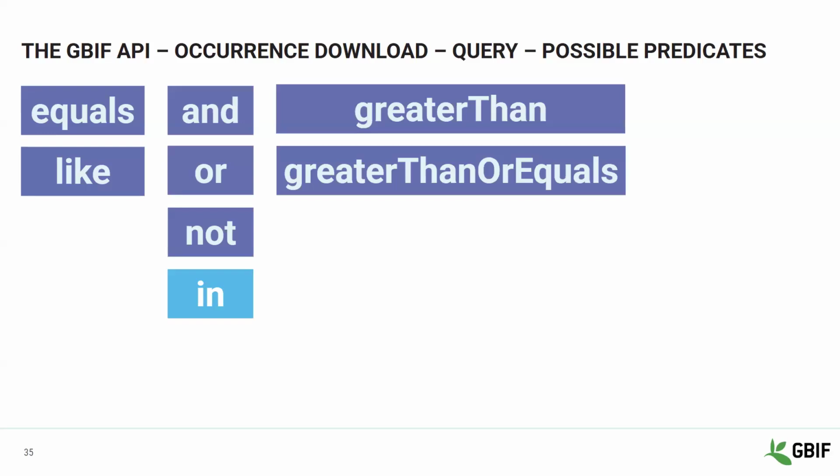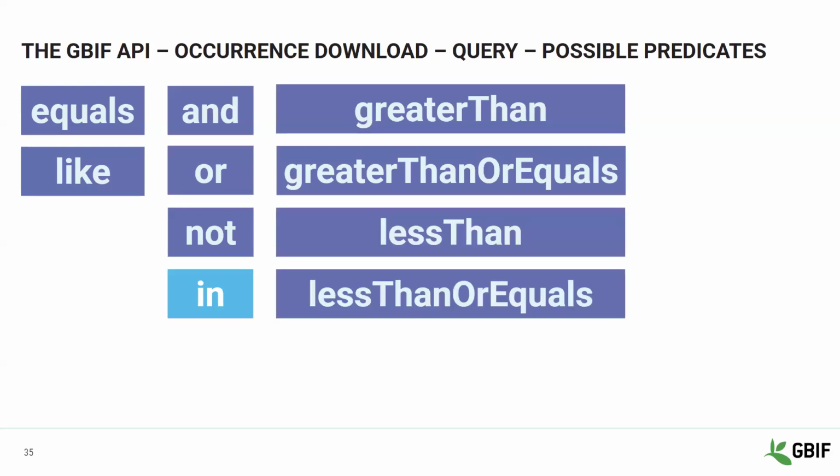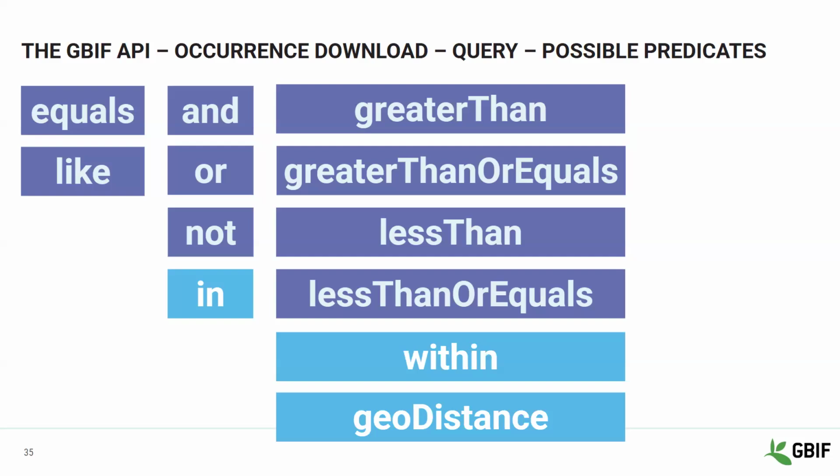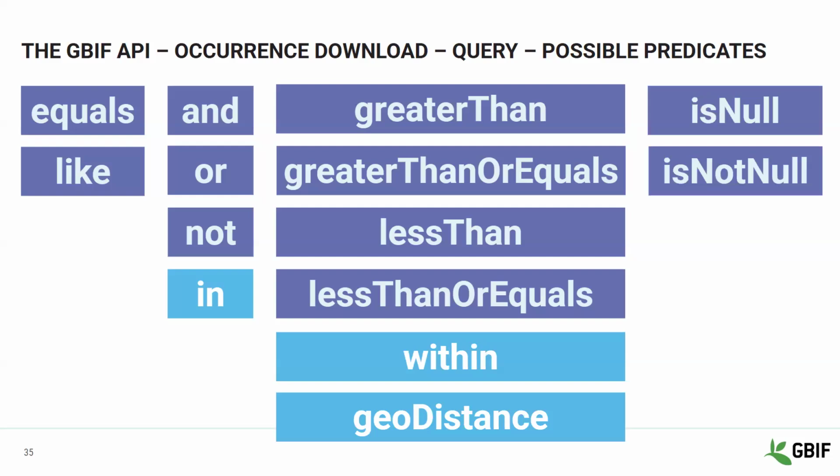You can use greater than or equal to, less than or equal to predicates. You can also use the within predicate if you give the list. For geographical queries, you can use the geodistance predicate. You can also use is null and is not null, saying, okay, if the values are null, I don't want that data, or if the values are not null, I don't want the data. So you can use those predicates too.